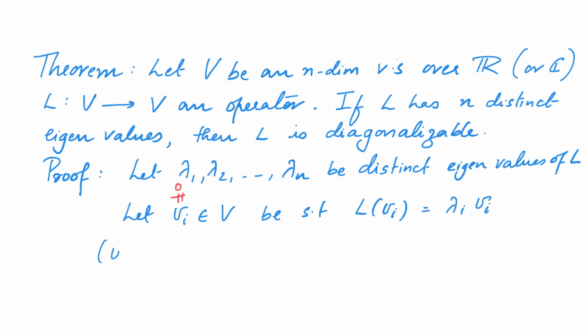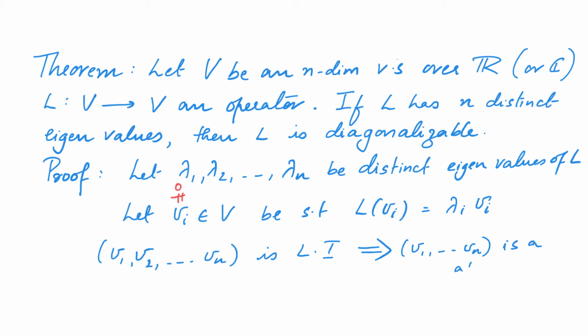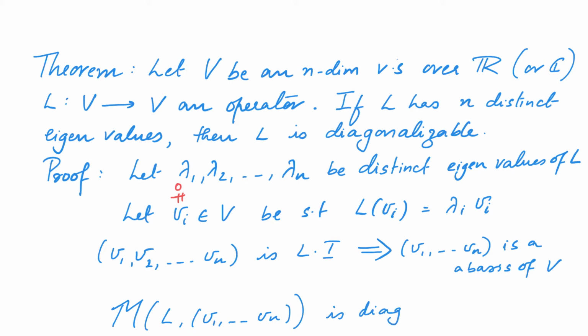Then we had seen before that the list of vectors v1, v2, up to vn is linearly independent. And as n is the dimension of V, this means that the list v1 to vn is a basis of V. Therefore, if you look at the matrix of L with respect to the basis v1, v2, v3, up to vn, then we get a diagonal matrix.